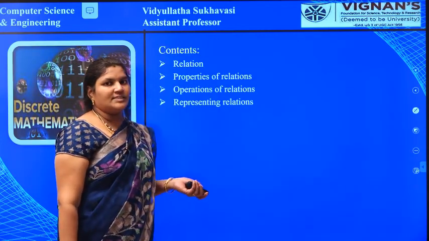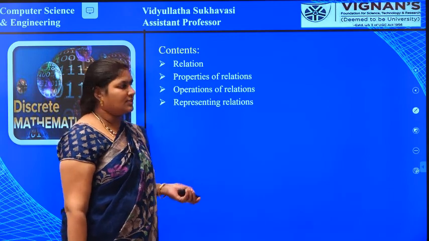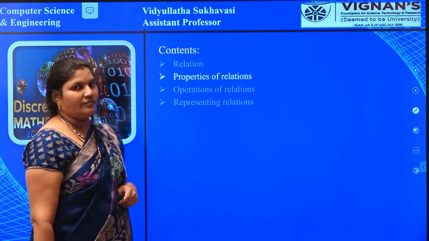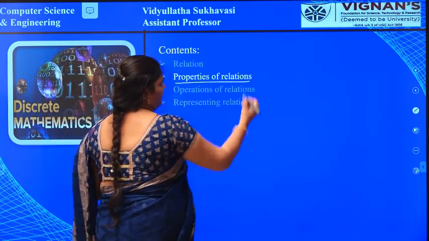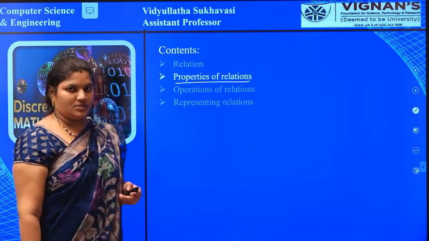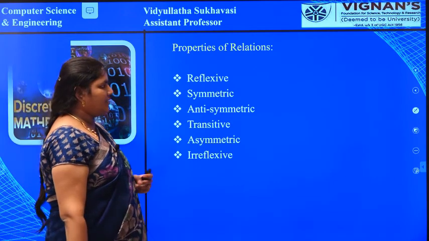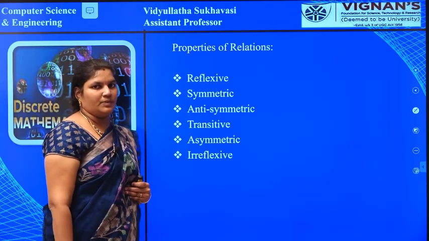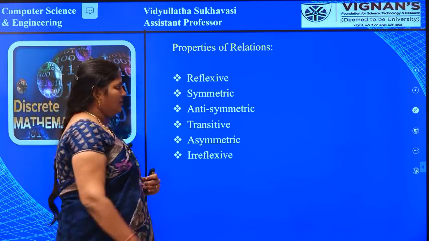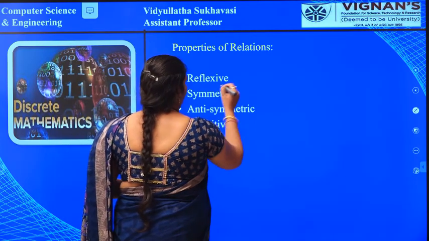So now, the next concept we are going to cover is properties of relations. What are the properties we are going to apply for a relation? We have 6 properties.